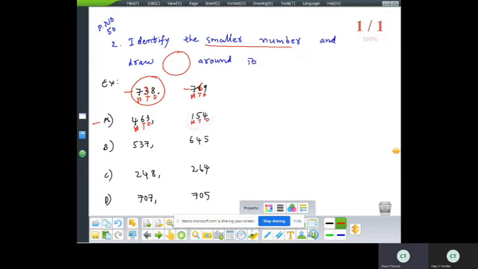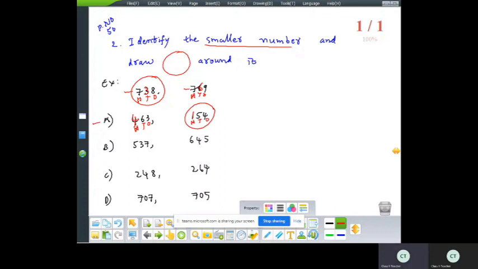First, we compare hundreds. The digits in the hundreds place are 4 here and 1 here. From 4 and 1, which is smaller? 1 is smaller than 4. Then 154 is the smaller number. Put the circle around the smaller number.